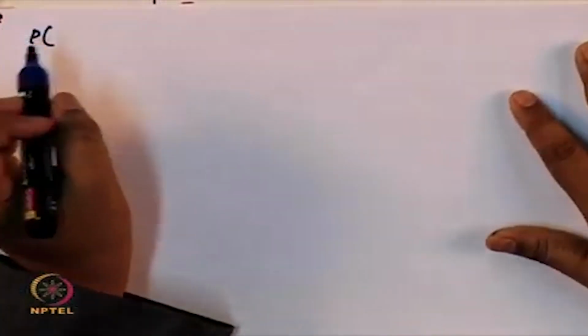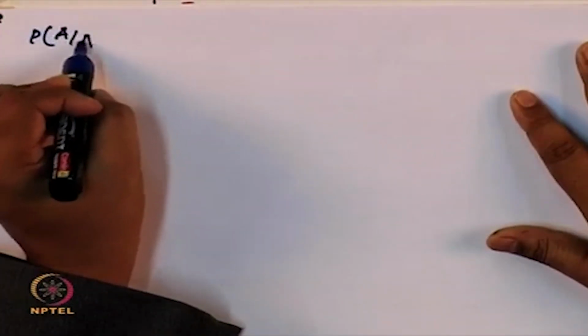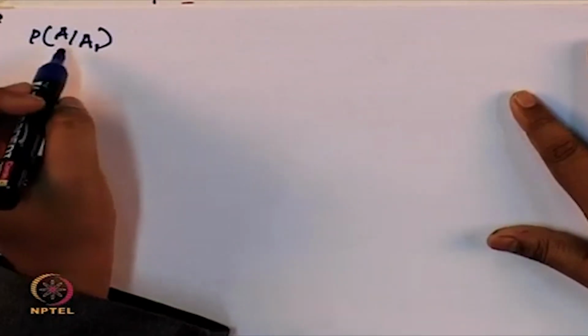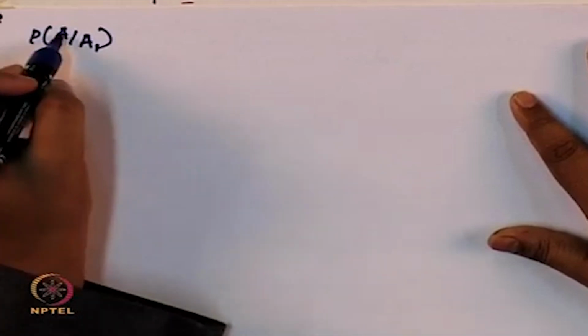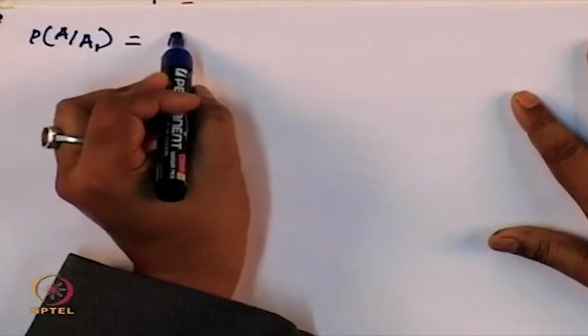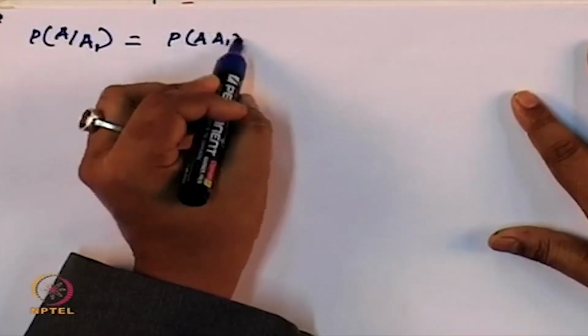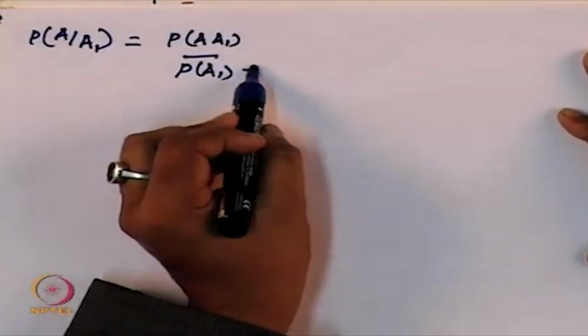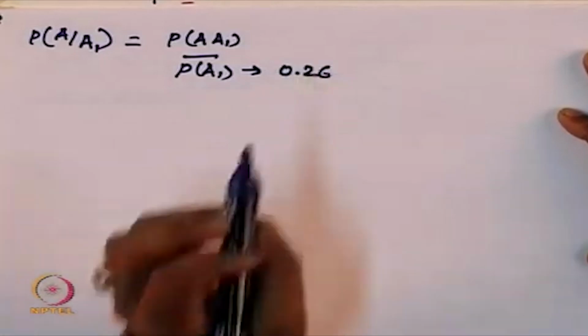Again, for solving this problem we have to make use of conditional probability. Essentially we have been asked to compute probability of A given A1, the probability that the person is accident prone given that he has an accident. I can write it as probability of A and A1 divided by probability of A1. Now, probability of A1 we have calculated as 0.26.